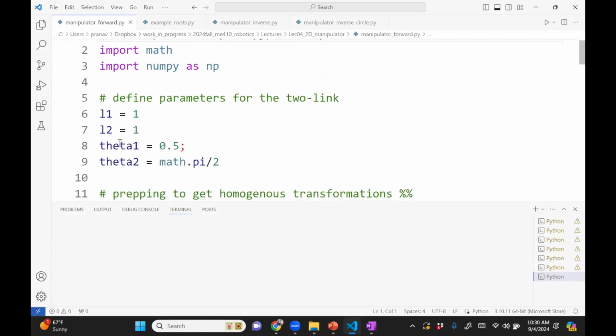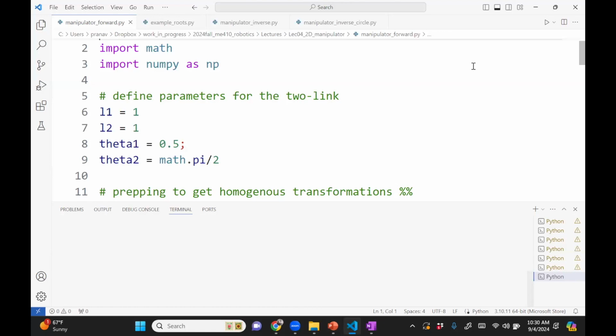I define the lengths, so we have lengths L1, L2, I just put 1 and 1.